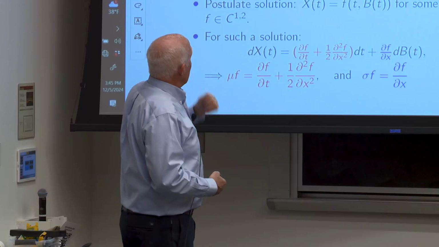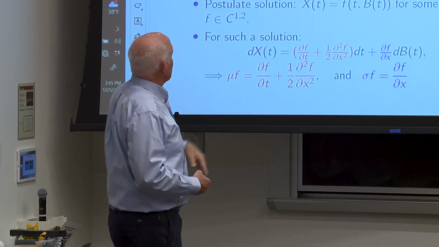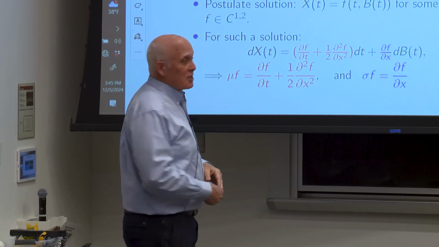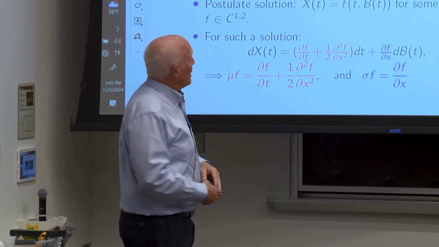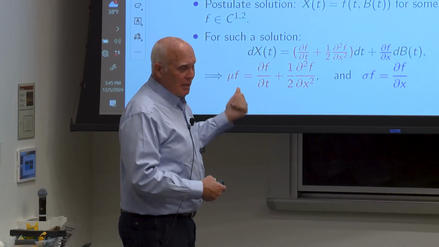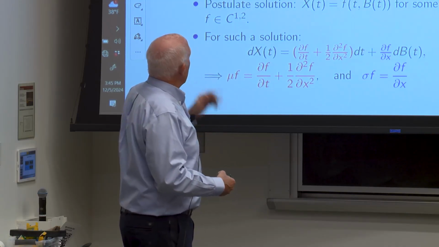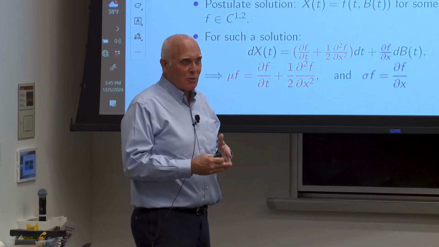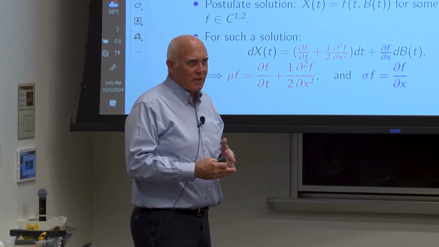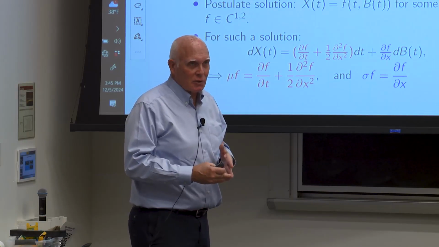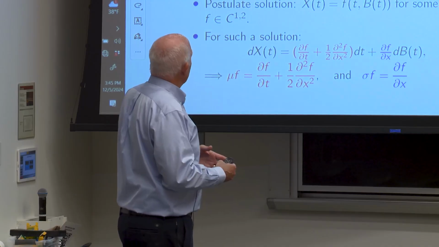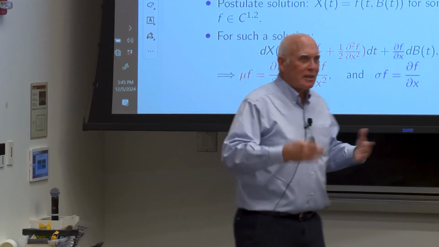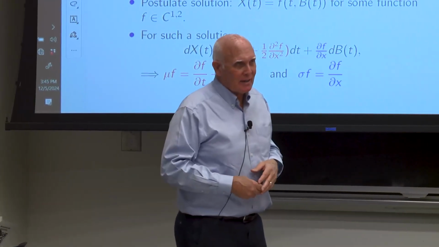If we consider two processes, xt and yt, that are both solutions to the stochastic differential equation, then subject to the conditions that we indicated, the two solutions are actually equal to each other almost everywhere. So we don't get different limits or different solutions to the equations. They're essentially unique, and essentially means that with probability 1, the paths are the same.